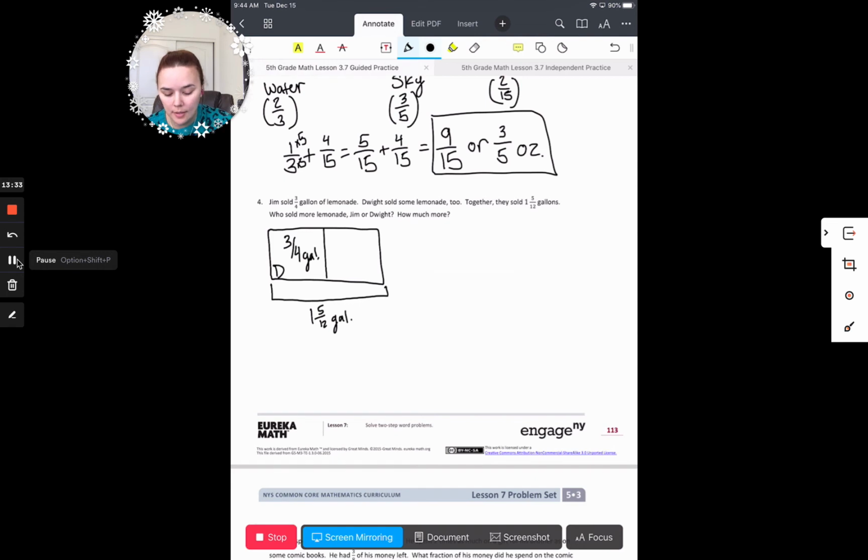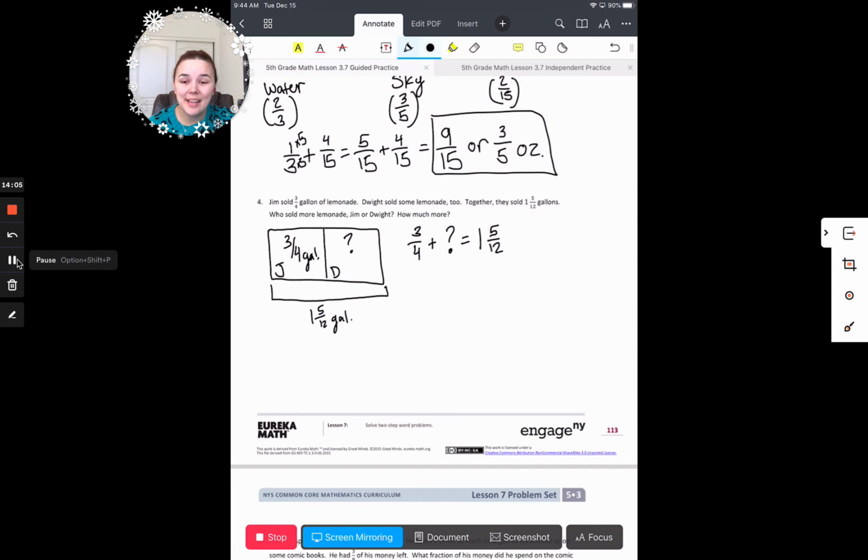I'll put a J there. Sorry, I misread that earlier. So Jim sold 3/4 gallons, and we don't know how much Dwight sold. We need to figure out how much Dwight sold. So we can think of this as being 3/4 plus something is equal to 1 5/12. So we need to figure out what that something is. First, we have a couple of things we need to do.